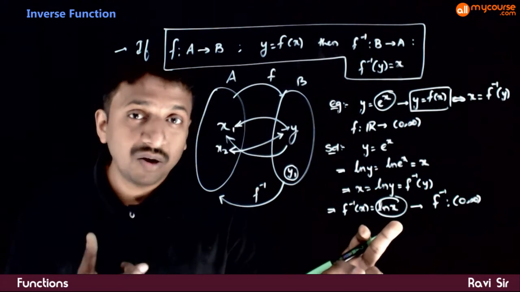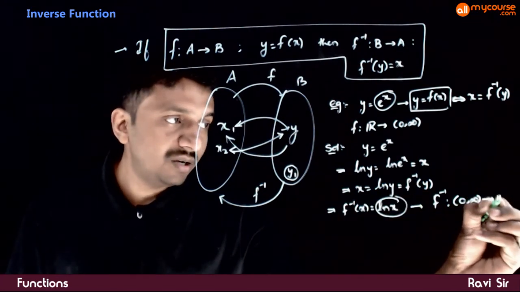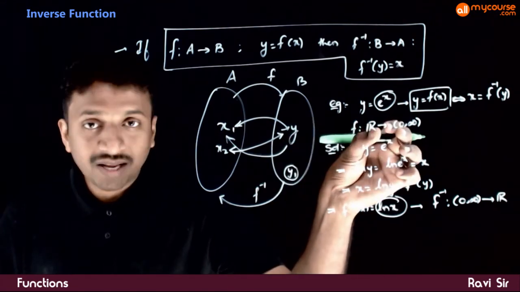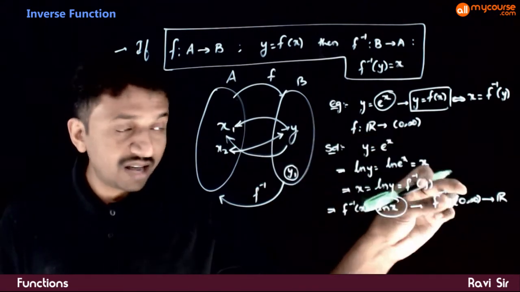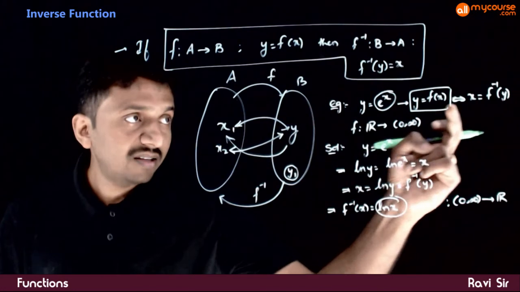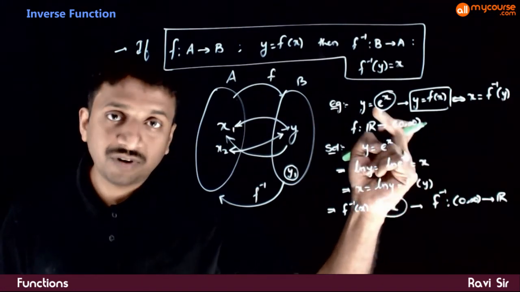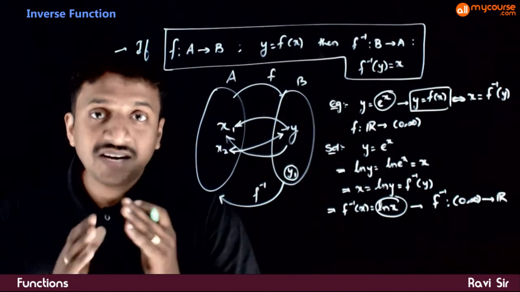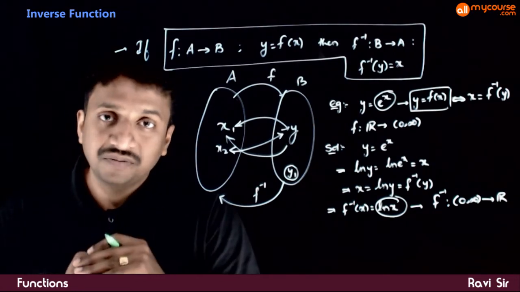Log is defined on open 0 to infinity to the set of real numbers. So you can see that the domain and codomain have interchanged, and the function has changed from exponential to logarithmic. This is the standard process to find the inverse function.